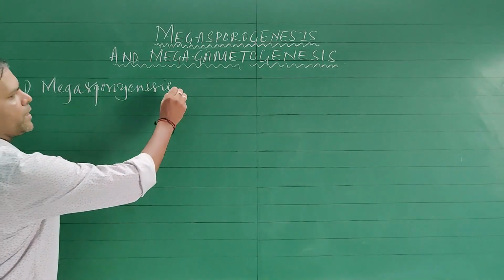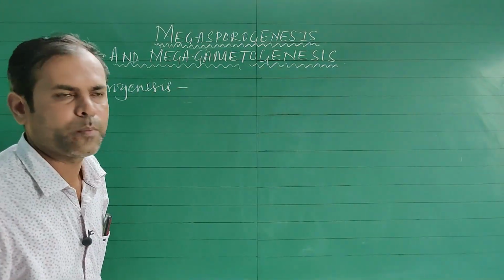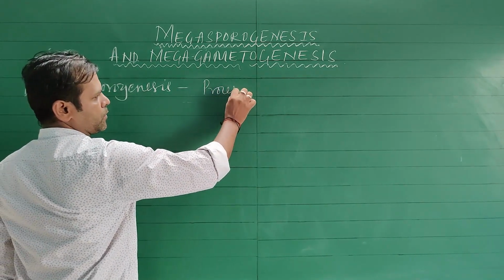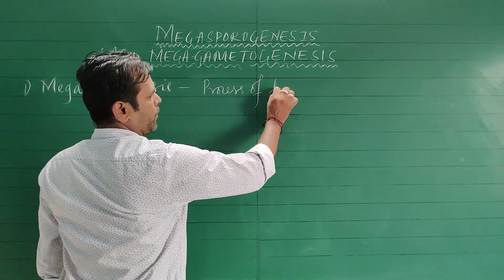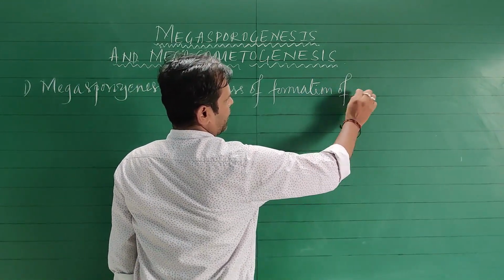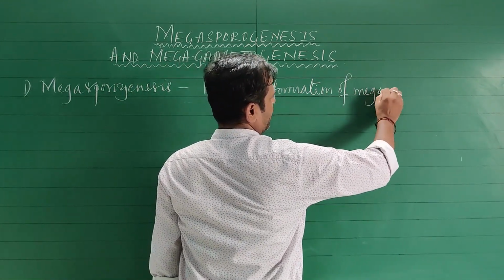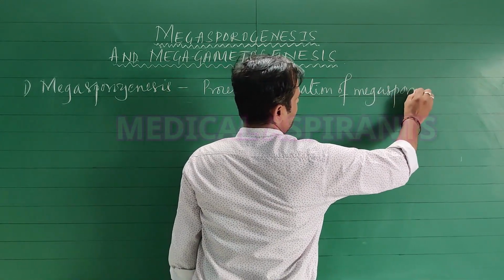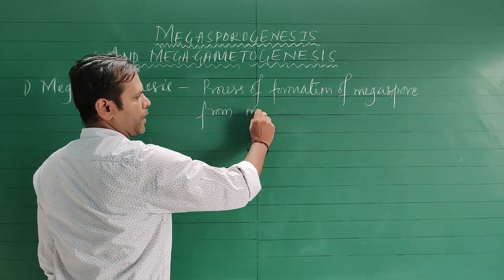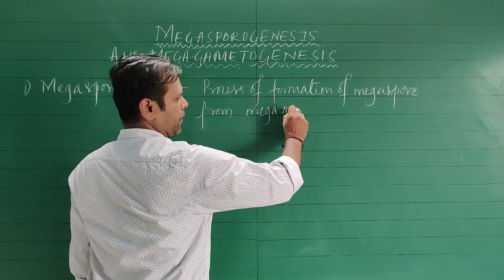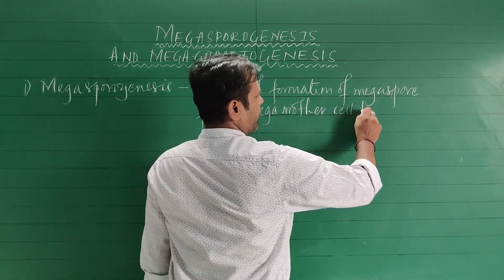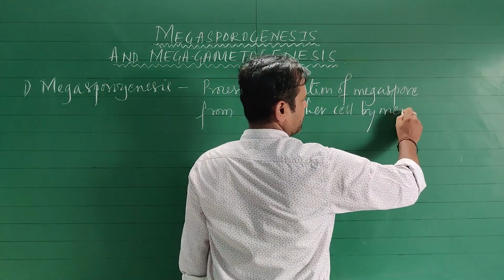Megasporogenesis is the process of formation of megaspore from megaspore mother cell by meiosis.